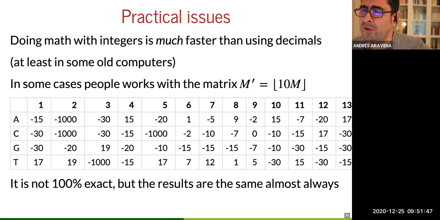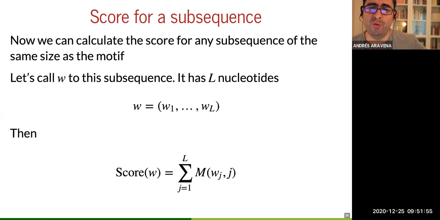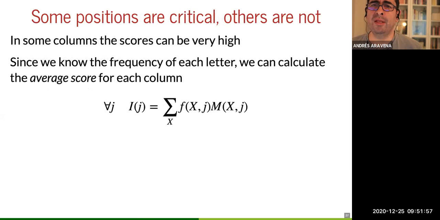And you would like to see what is the importance of every column, I mean, how much can you expect to get from every column. So one way of doing it, and the official way, is to measure how much information you get from every column. We calculate essentially an average: you have the score and you have the frequency of every nucleotide for the same column.